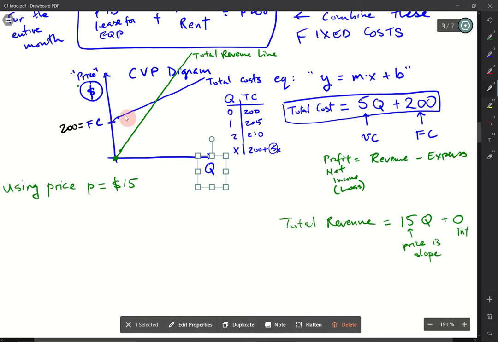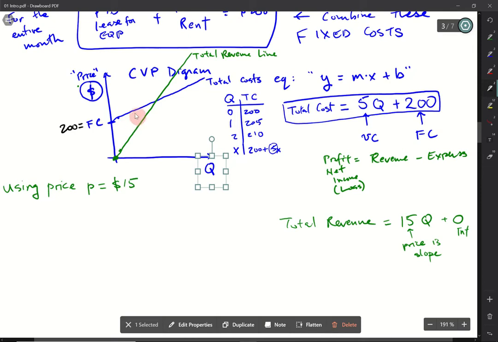So for this whole region, this whole triangle area, what would you say? Here's the total cost line, and the total costs are what in relationship to the revenue? They are above the revenue, right? So in this region, how would you describe the business performance?